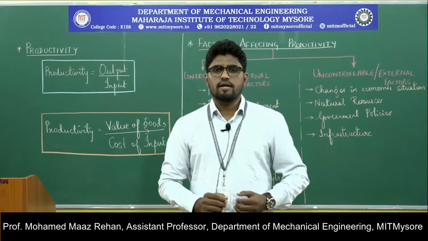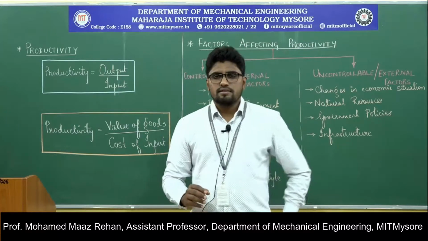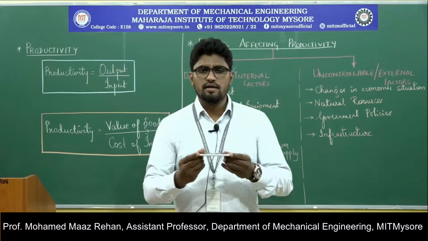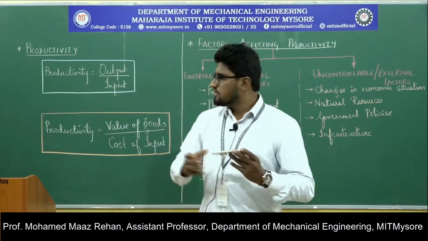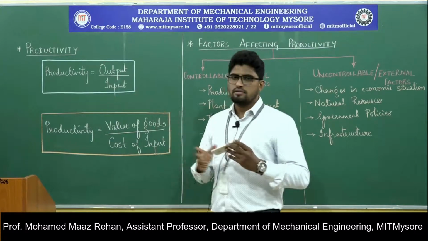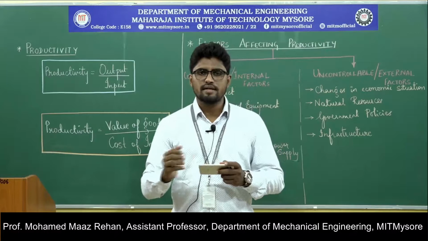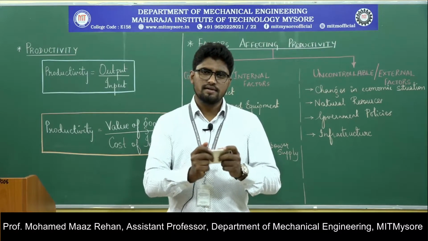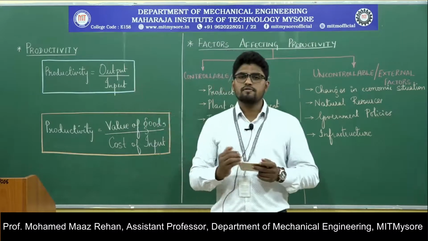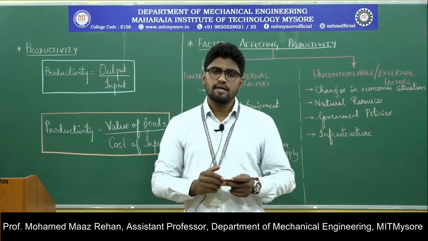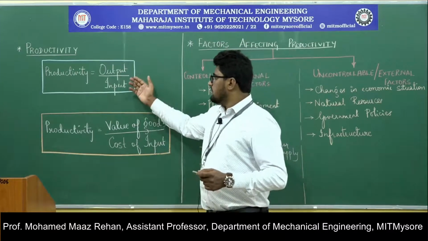If I take one example, say I need to manufacture 100 products. That is productivity. In those 100 products, if I reject 30 and I just want 70 of them, that is efficiency. Efficiency is in terms of quality, whereas productivity is in terms of quantity.